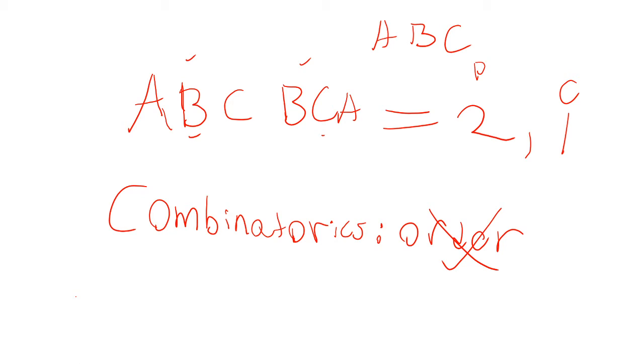So I'm going to give an example of combinatorics here quickly. Let's say you wanted to choose a 3-person committee out of 6 people. We have 6 choices for the first, then 5 and 4.